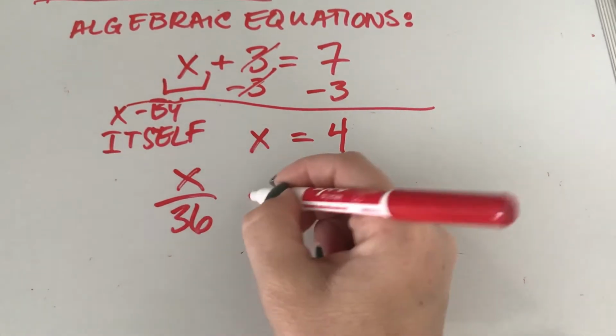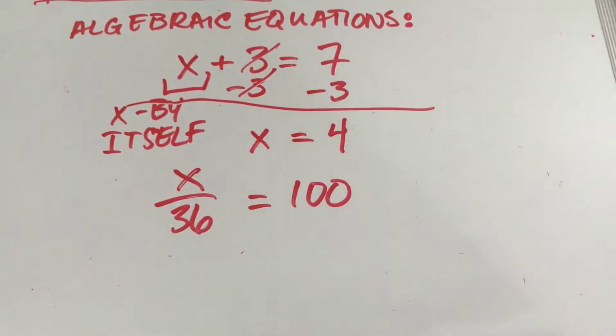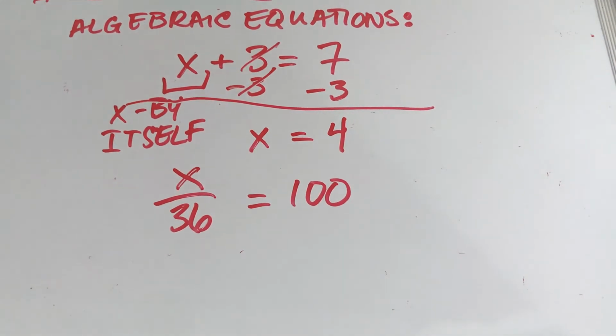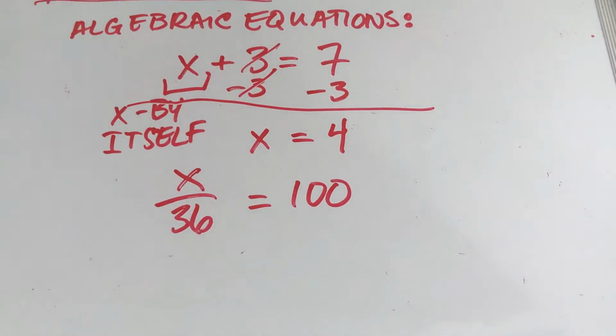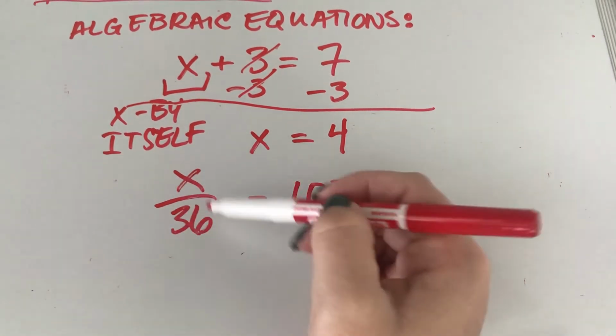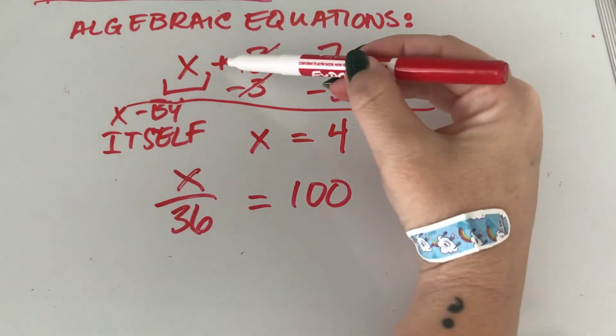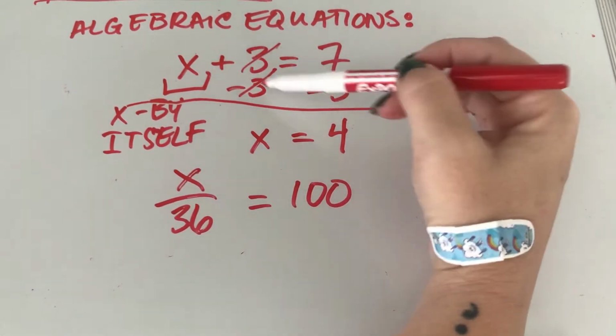Let's say we have x divided by 36 is equal to 100. So how would we get this x by itself? Multiply by 36. Yeah, so we do the opposite operation in all cases. The opposite operation of addition is subtraction.